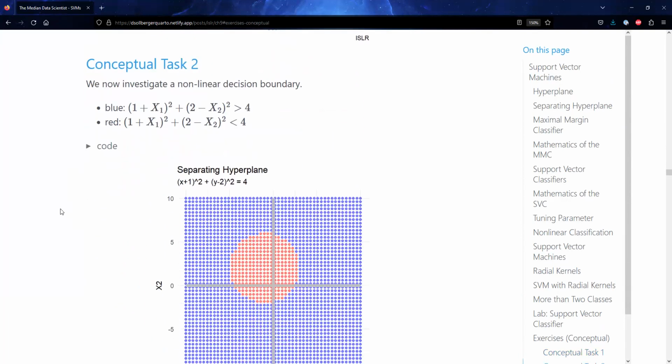In problem number two, we look at a non-linear boundary. The equation that we get is the equation of a circle. So what we have here is the blue region is the area beyond the circle, beyond a radius of 2. And the red region is the circle within a radius of 2.